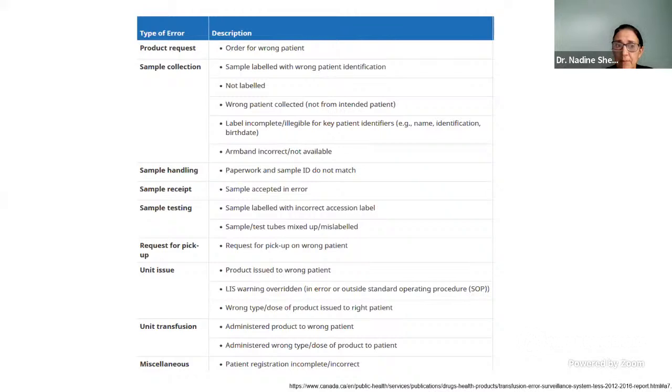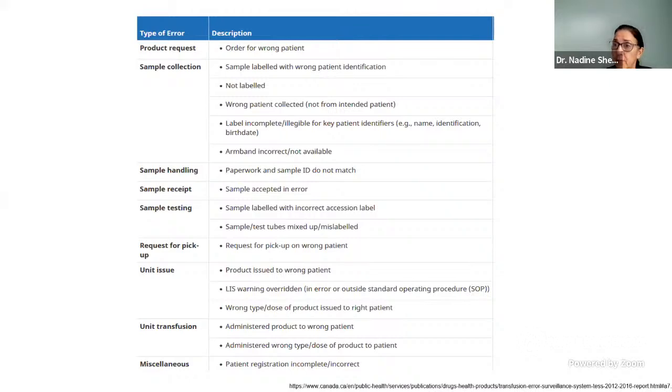At the level of sample handling, for instance, paperwork usually goes with the sample, and in this situation the paperwork and sample ID don't match. At the sample receipt in the laboratory, the sample is accepted in error, or it's incorrectly labeled with an accession label, or the sample and tubes end up being mixed up or mislabeled.